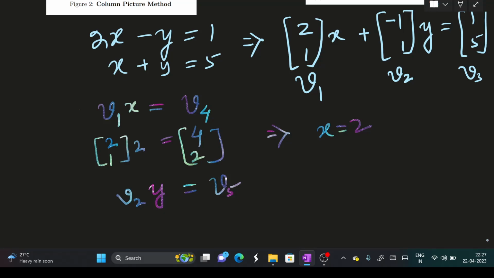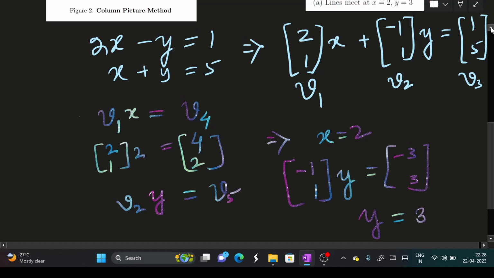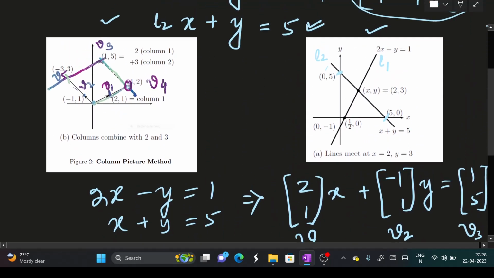This implies, in this equation, -1, 1 times y is equal to -3, 3. So what about y? This implies y is equal to 3. So x is equal to 2, y is equal to 3.